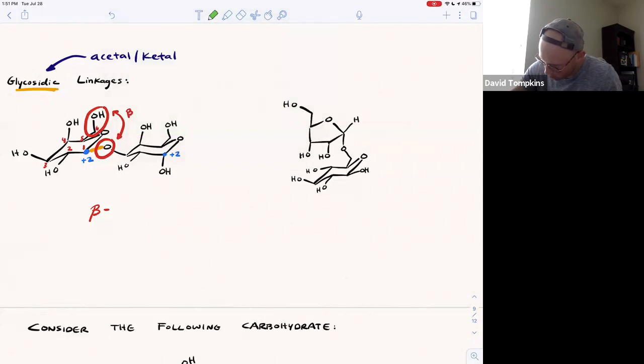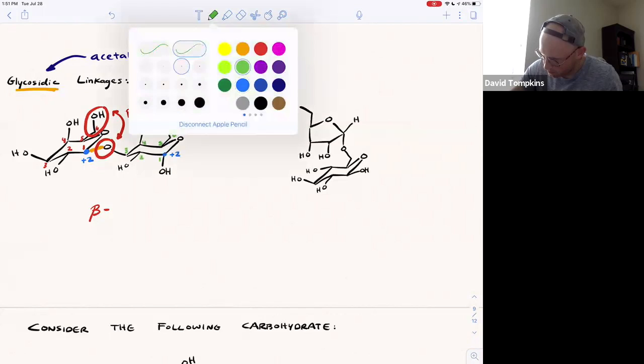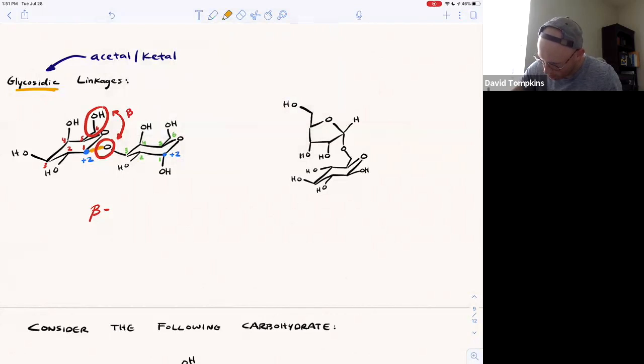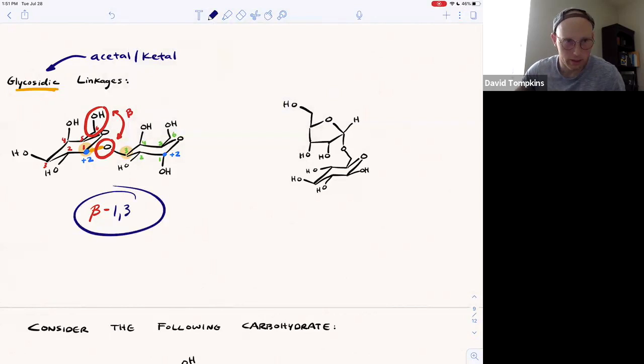If I number around 1, 2, 3, 4, 5, 6, what I can see now is that my glycosidic linkage is between carbon 1 of the monosaccharide on the left and carbon 3 on the right. So this is a beta 1,3 glycosidic linkage.